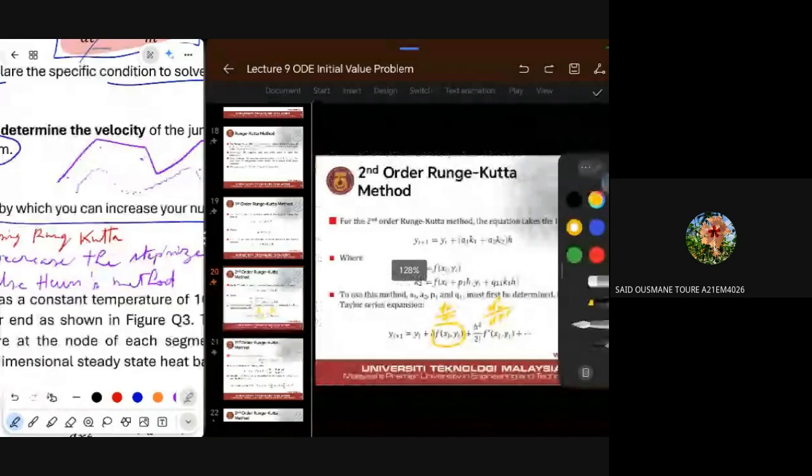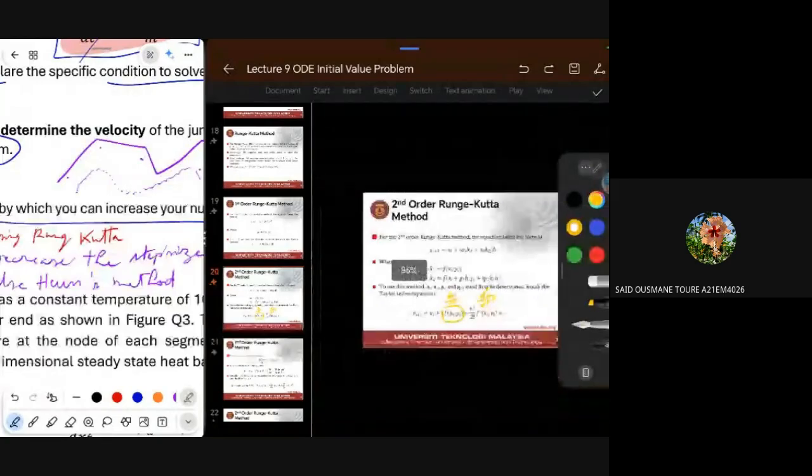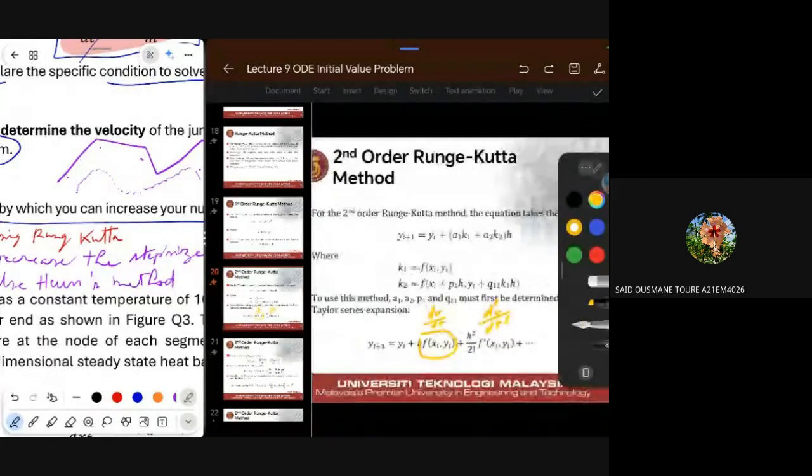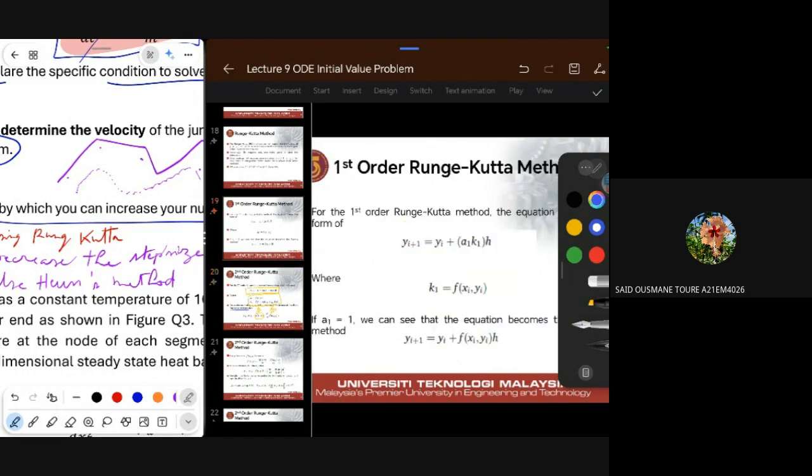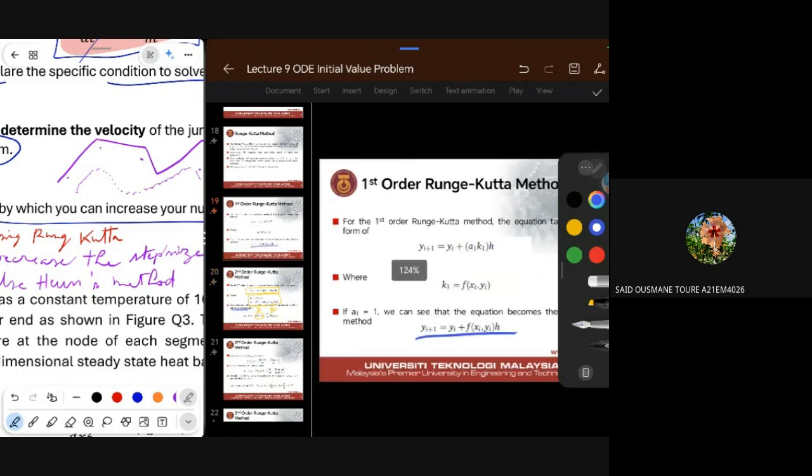You must recall the Taylor series. Okay. You have this one, y_{i+1} equals y_i plus a1 k1, and this is the essence of it. They mention that it comes from the Taylor series, which is also where Euler's comes from, but it's a much finer early stage of the Taylor series.